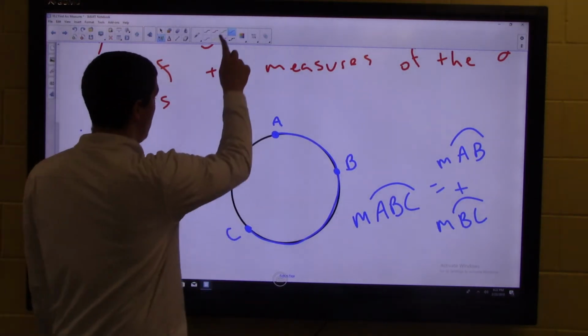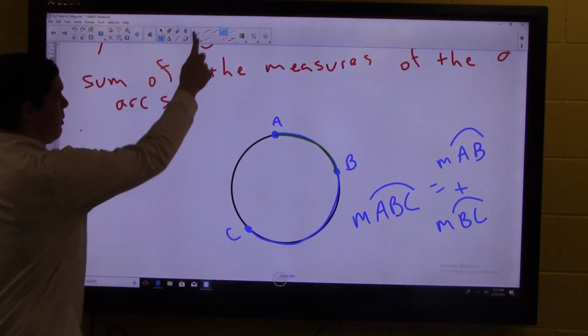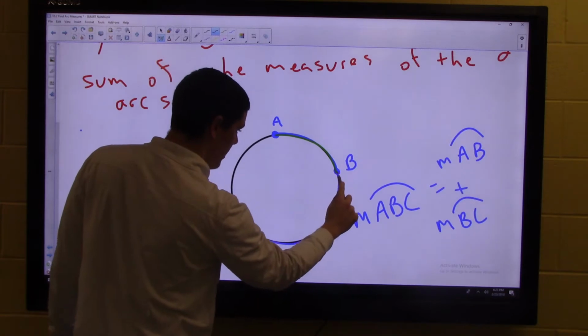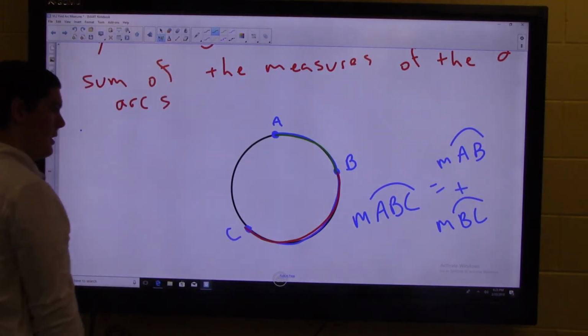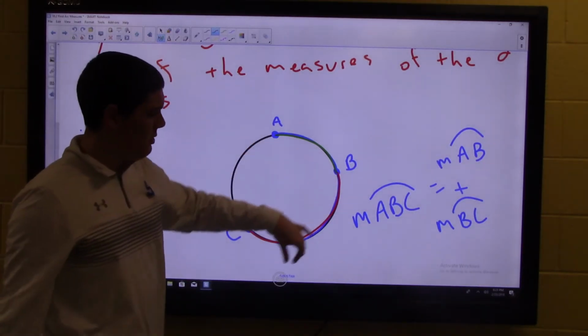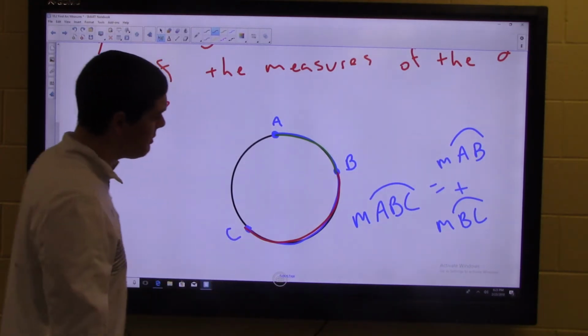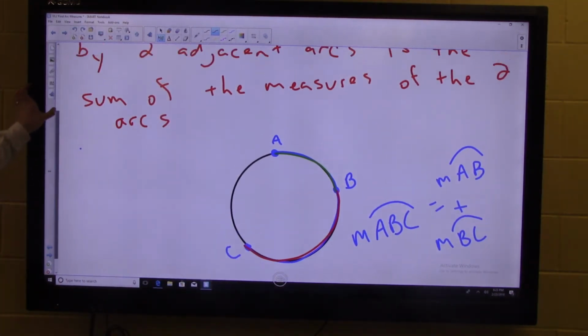That's going to equal the measure of arc AB plus the measure of arc BC. And that should make sense. We talked at the beginning of geometry about the segment addition postulate, and also the angle addition postulate. This is similar to that. If we have adjacent arcs, we're allowed to add those together, and it gives us the bigger arc. So that's all there is to it. Don't overthink this one. It's really not that bad.